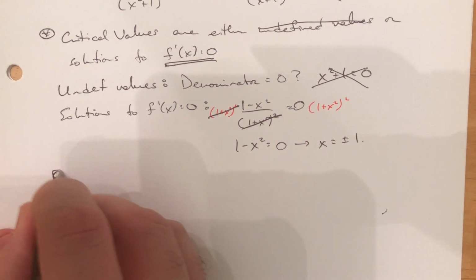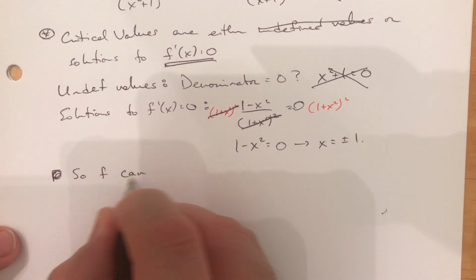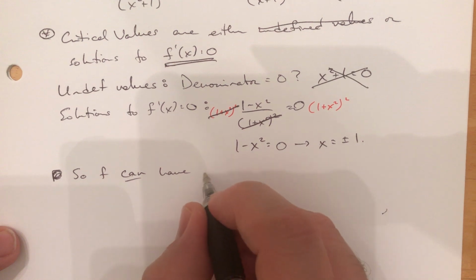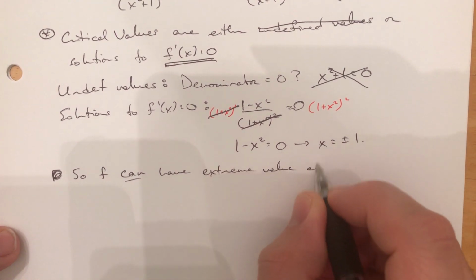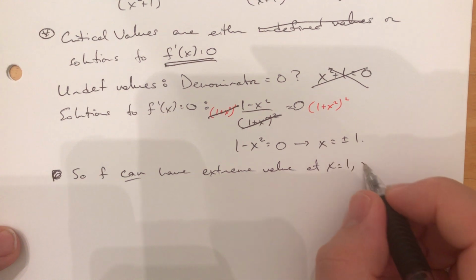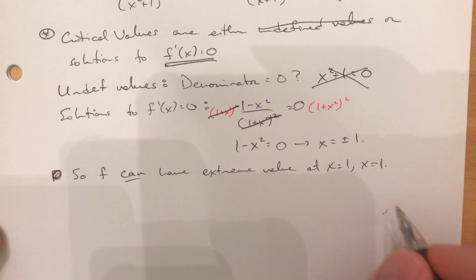So f can have an extreme value at x equals 1 or x equals -1, but we have to classify those.